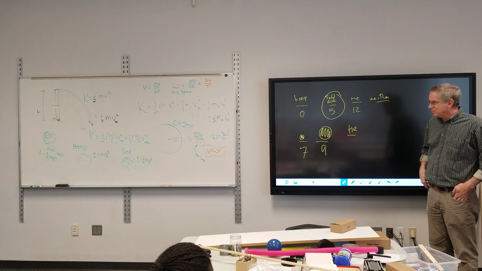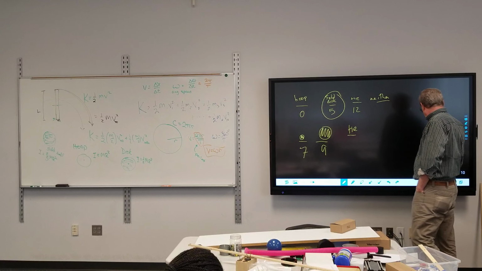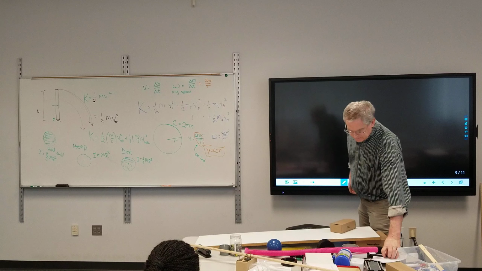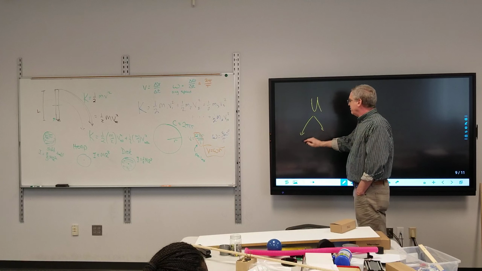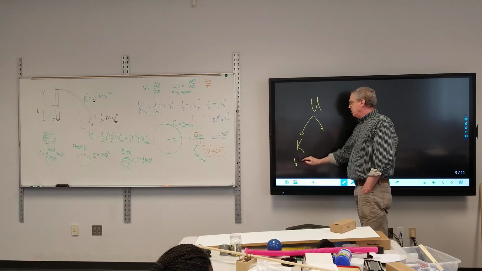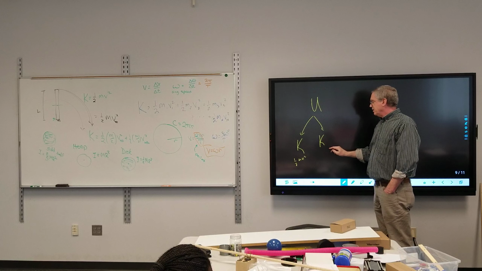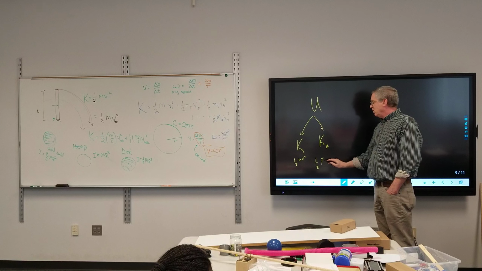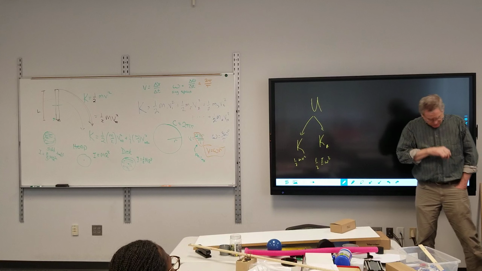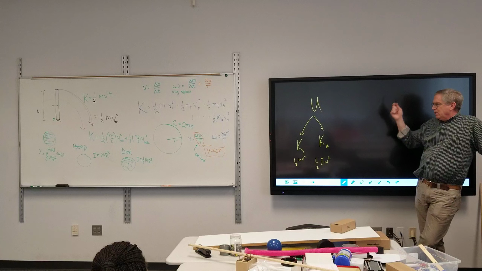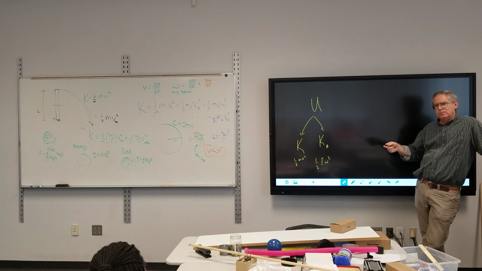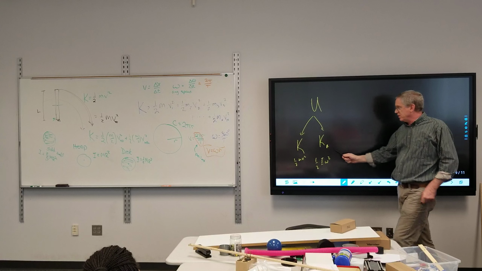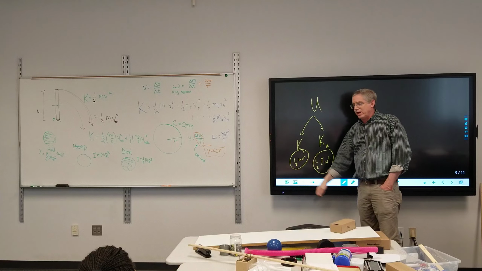So I've got my linear kinetic, 1/2 mv squared, and my rotational kinetic, 1/2 I omega squared. The more energy required to get it to roll, the less energy is left over getting it to move down the ramp.